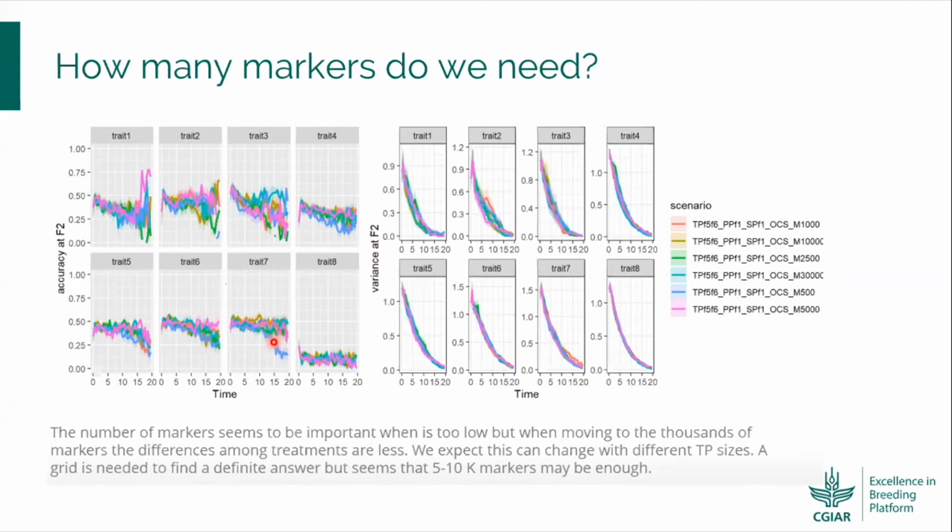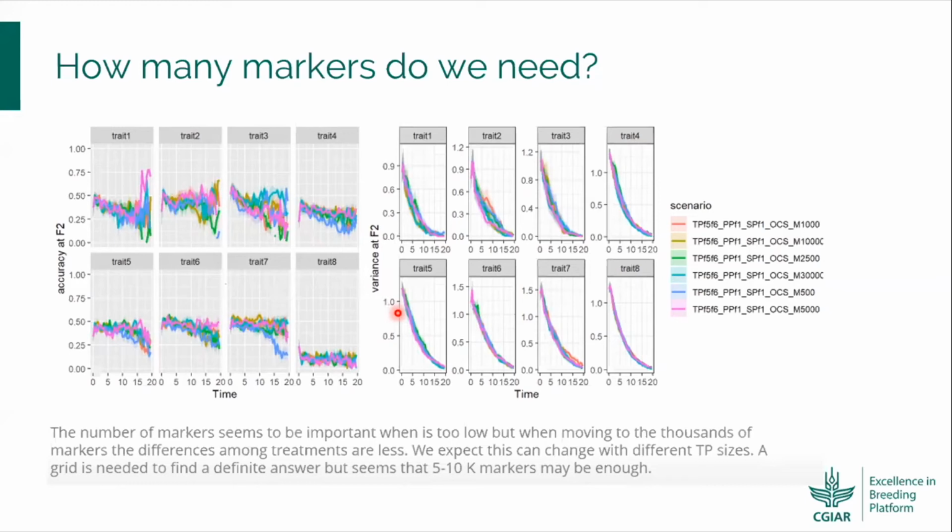This is expected because we know that we're going to start seeing more haplotypes. They start to break, and the density that you have is not able to capture those haplotypes by linkage disequilibrium.